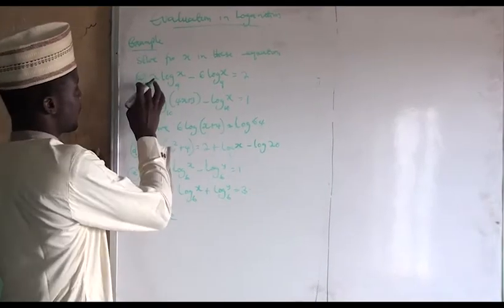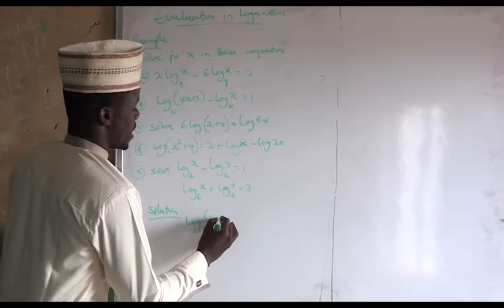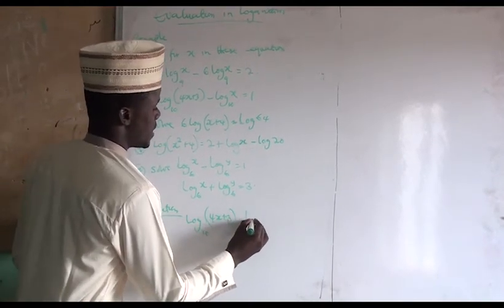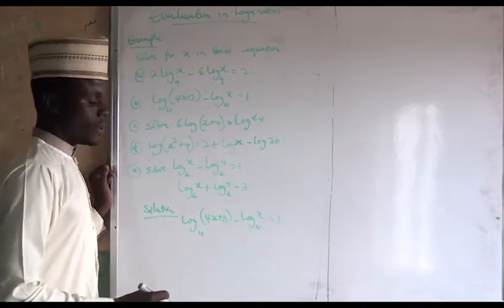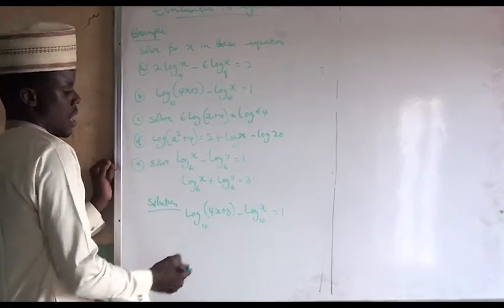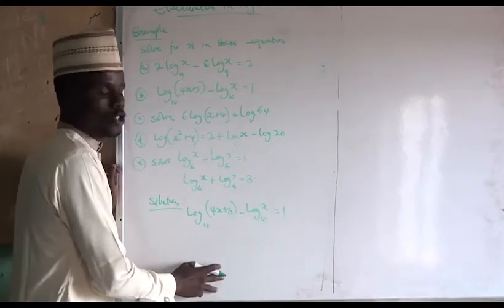Solution of v. The v is log base 10 of 4x plus 3 minus log base 10 of x equals to 1. So now if you look at what is here, here is a subtraction. And what we're going to create is what this brought about this 1.